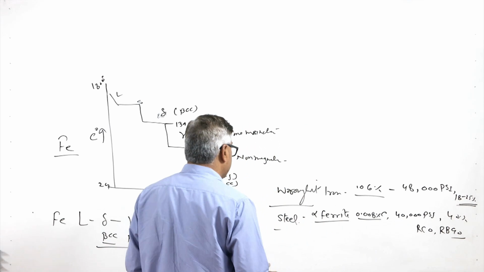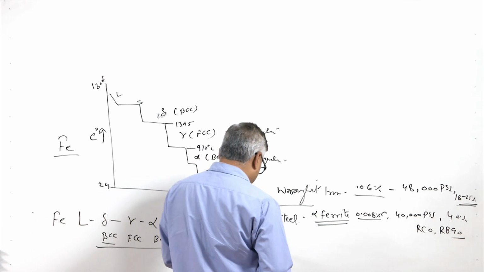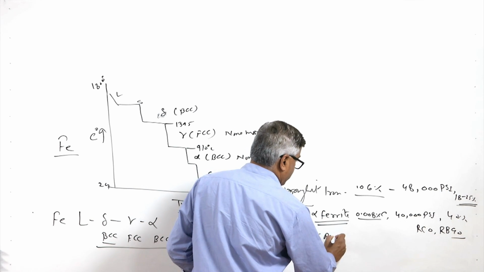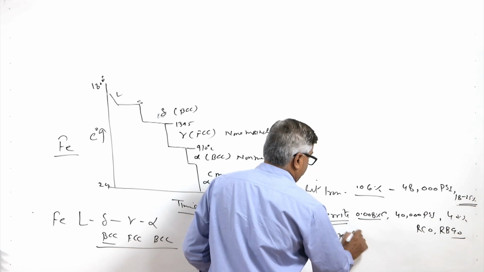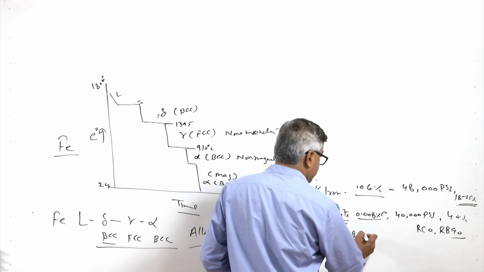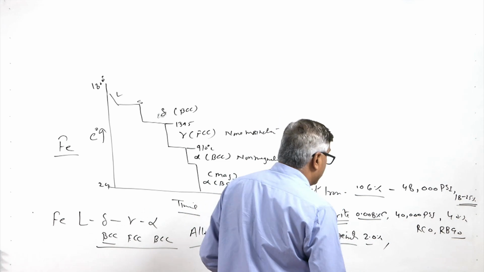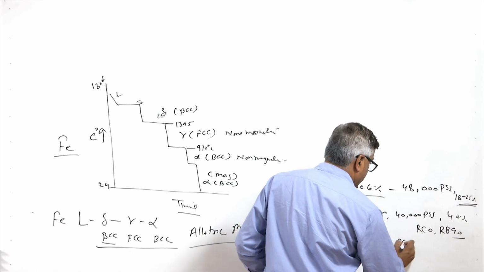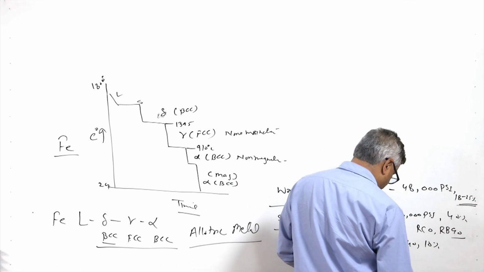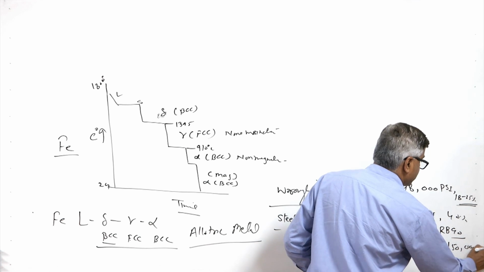This is the range for ferrite. Then we talk of another phase, the gamma, or austenite. In austenite, the maximum solubility for carbon is about 2%, and it offers hardness RC40, ductility of 10%, and a very high strength of 150,000 psi.